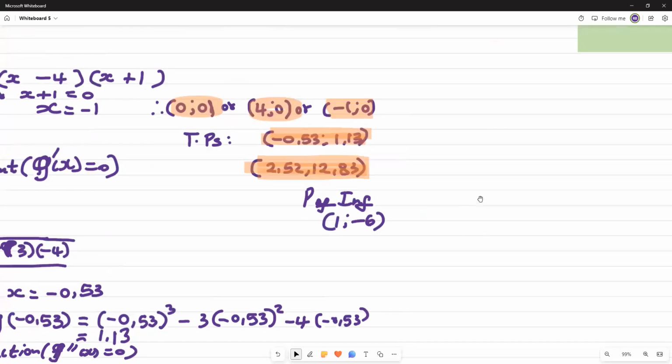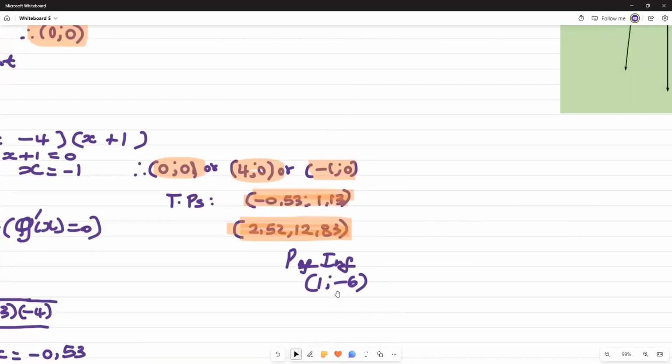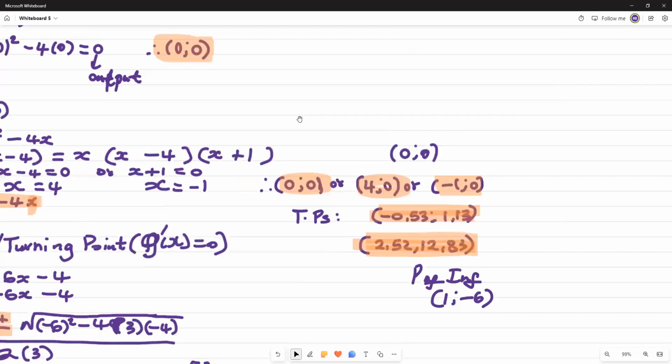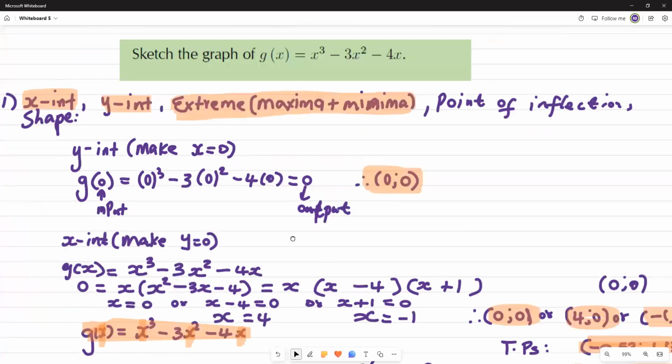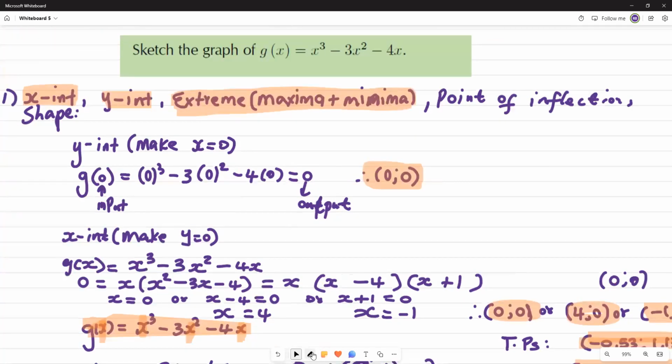So guys, we have our points now. Remember, let me just put them closer. Did I leave anything out? Oh yes, the shape of the graph. We did the point of inflection, that's fine. Let me highlight it. The last part is to know the shape. The shape is easy. You always check the value of a.